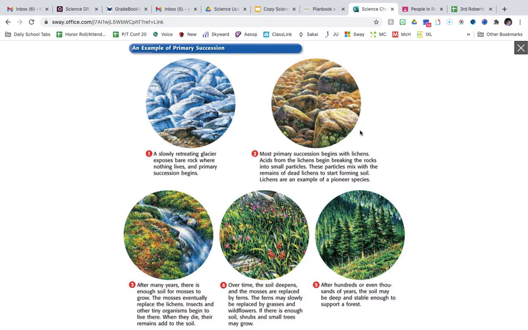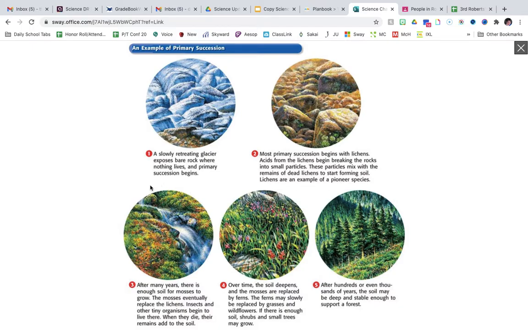Here you see lichens, and the acids from the lichens that you see on the rocks begin breaking the rock down into smaller particles. These particles then mix with the remains of the dead lichens, and it begins to form soil. Lichens would be an example of a pioneer species, or the first species to be there.